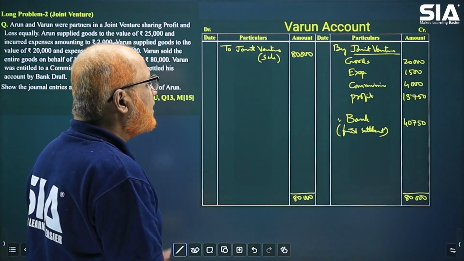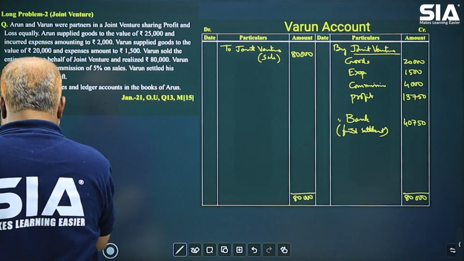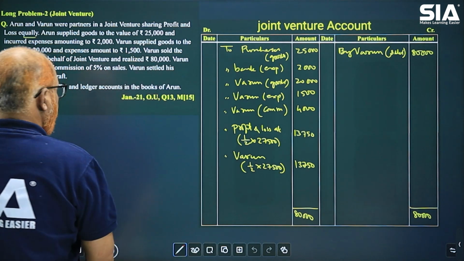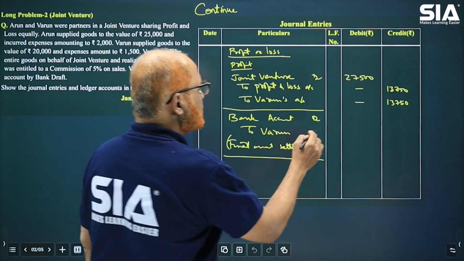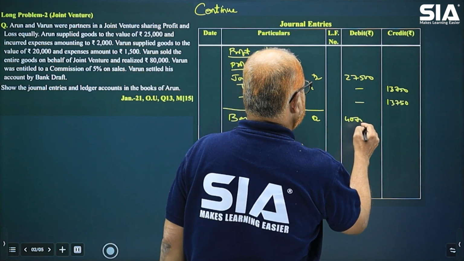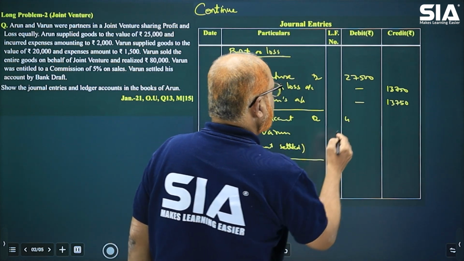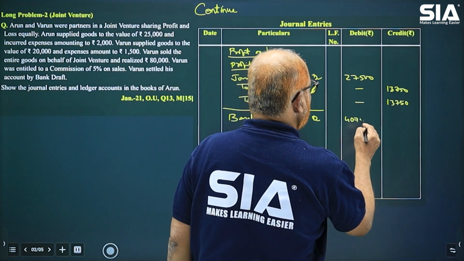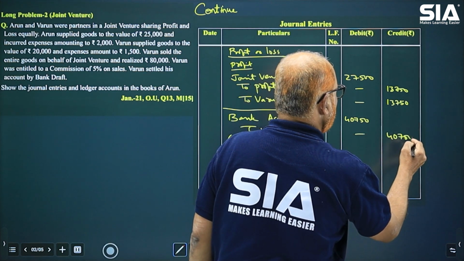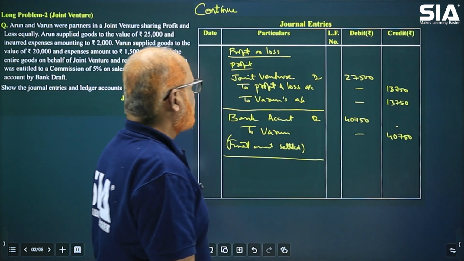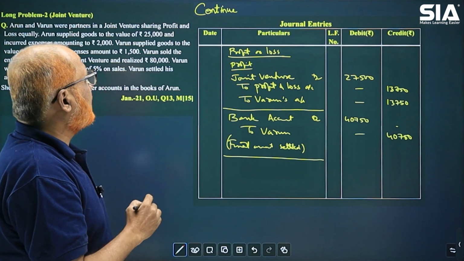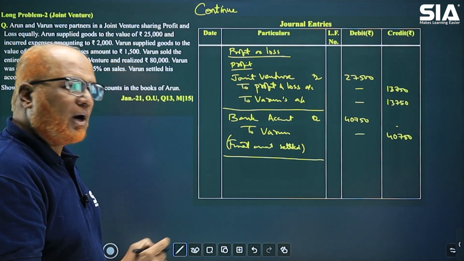Right? So entry we have to pass this one. Already we have passed the entry, but the amount we have not taken. Now I am taking 40,750. So we have passed all the entries and we have prepared ledger accounts in the books of Arun.